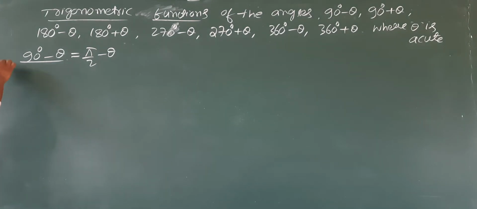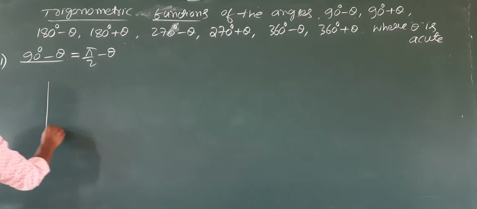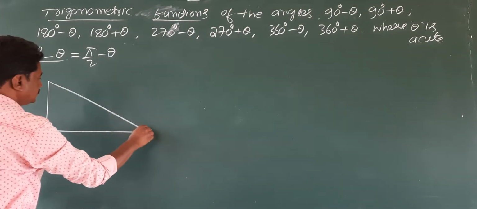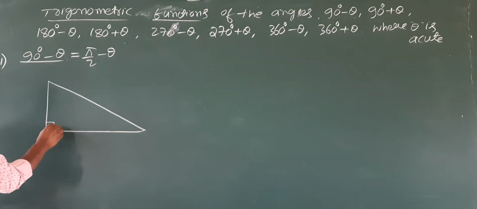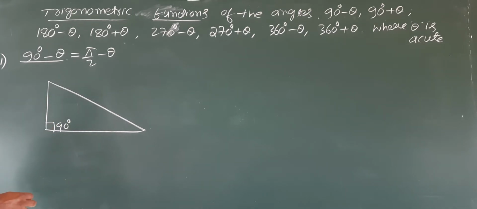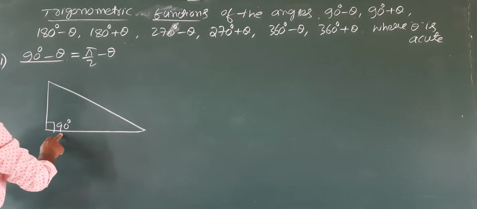So write first one. Look at this, students. For 90 degree minus theta, I go for a right angle triangle. This is 90 degree.